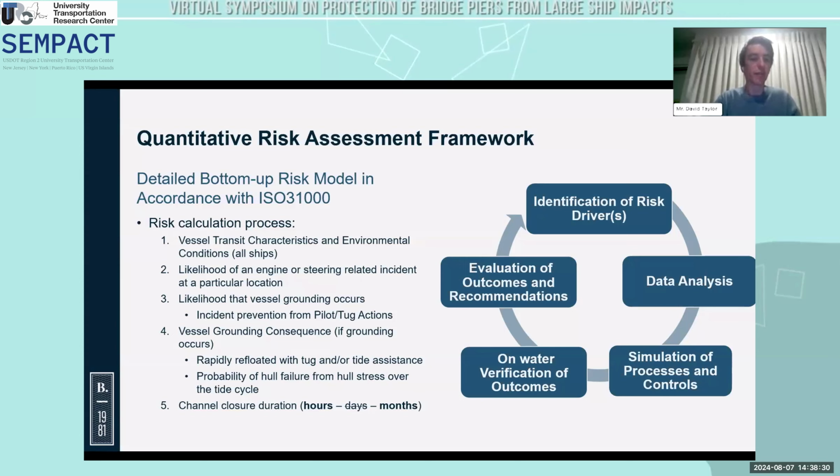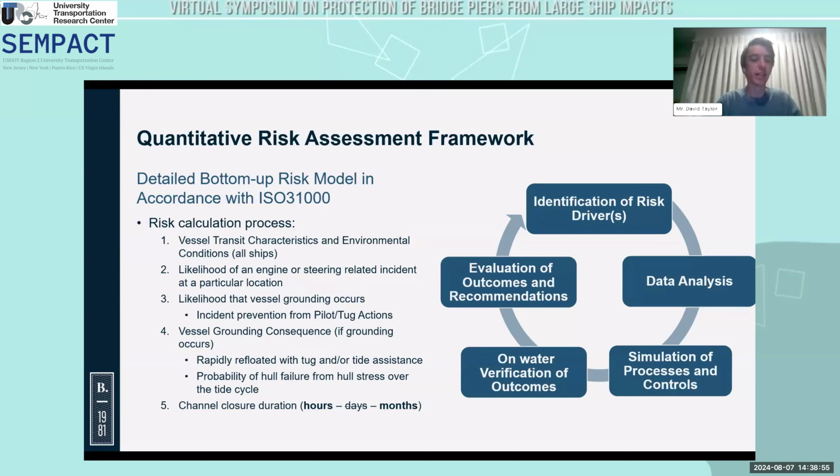Then we have the second component, where we look at what is an instigating factor. I won't call it the root cause, but that mechanical failure on board the ship that may trigger a series of actions that may lead to grounding.